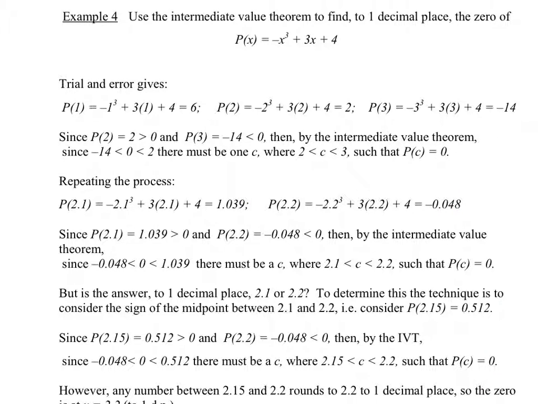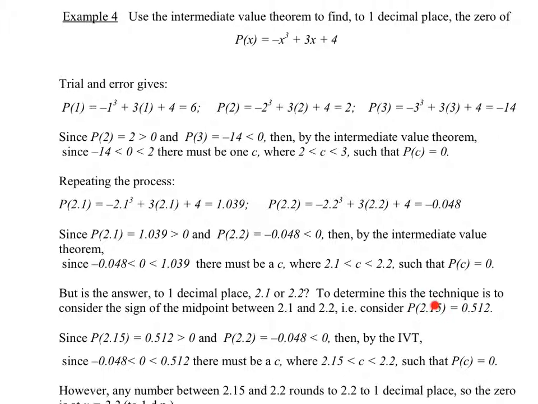Now, it asks us in this question to round to one decimal place. So do we round to 2.1 or round to 2.2? What we do to decide is we try a number halfway between 2.1 and 2.2. We try 2.15. And if we try 2.15, 2.15 gives us a positive value.